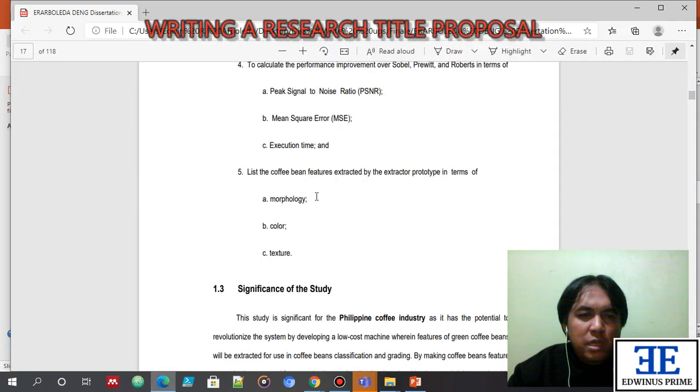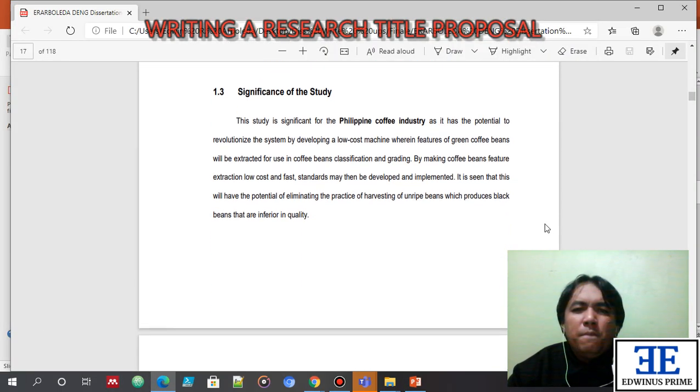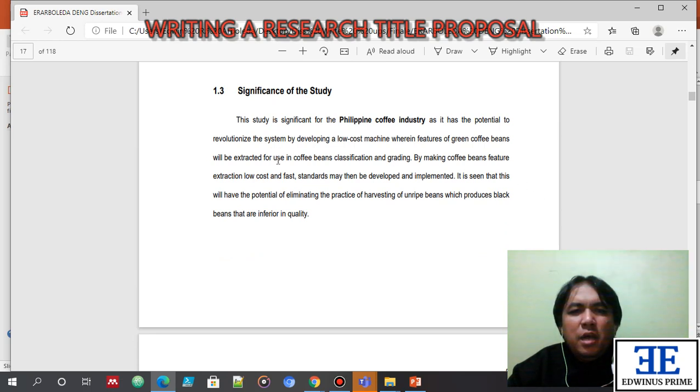So let's go to the sample. Significance of the study. In my dissertation, I stated that the Philippine coffee industry will benefit from my research, and here's the explanation. State who will benefit.